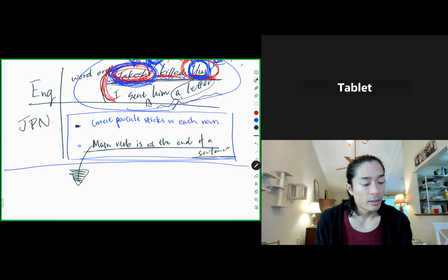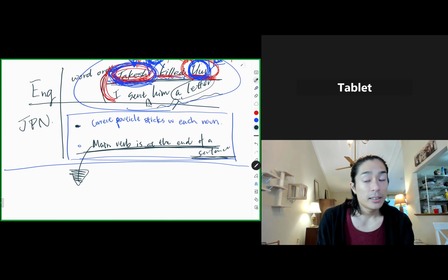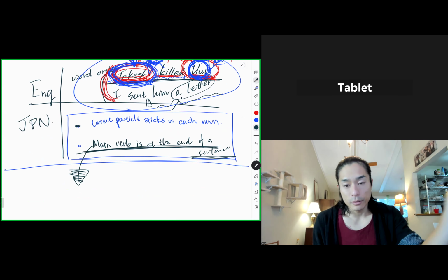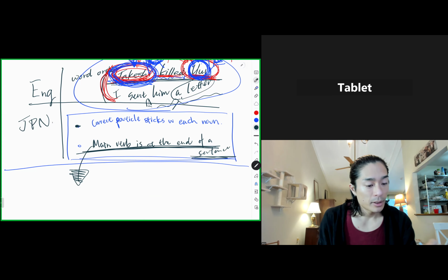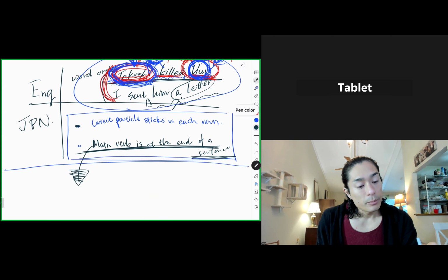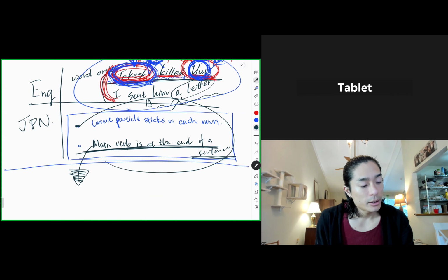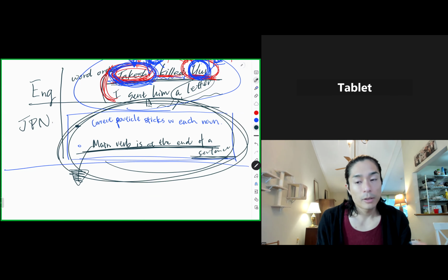Verb is at the end of a sentence. Aside from verbs, you can shuffle any way you want. But verb does come at the end. So that's the only restraint, I guess.